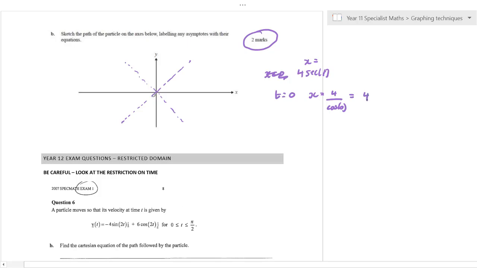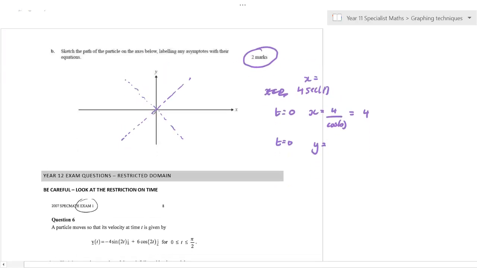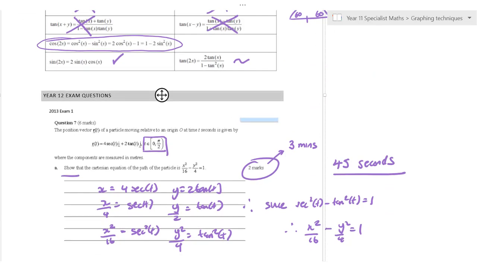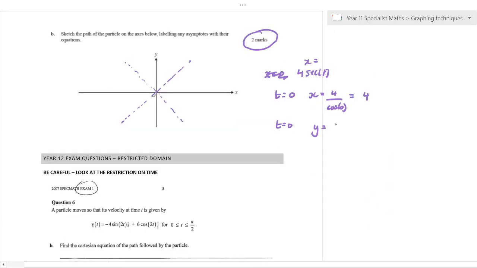But that's only half of the problem, isn't it? Because as t equals 0, we need to find our Cartesian coordinates. So we've got to find y is equal to what? What is it, tan? So you'd have to look back at the page, 2 tan of t.